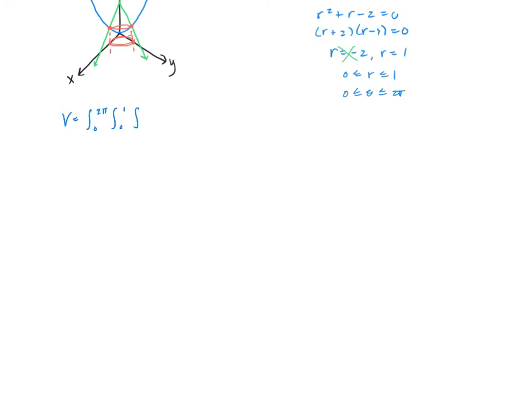And my z values, since the cone is the upper function, would be the negative r plus 2, but I think I'm going to write it as 2 minus r. I don't like starting with a negative. And the lower limit would be the paraboloid, so that would be r squared. Integrand is 1. I'm going to integrate with respect to z first, but it's always an r, dr, d theta.